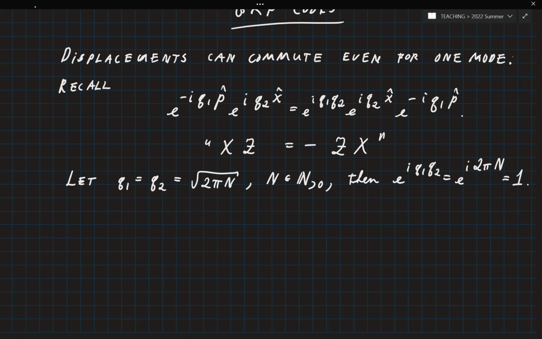Here, it's the exponentials at particular values that will commute. So we can define a stabilizer group now that we have a commuting set of displacements. And that is the stabilizer group of a particular GKP lattice. Sorry, getting ahead of myself. GKP code.